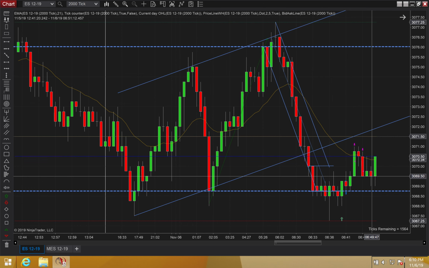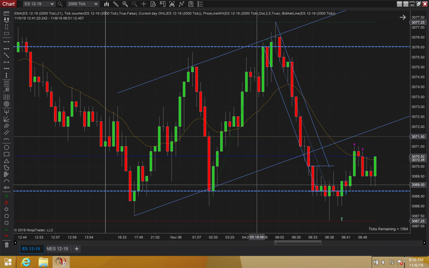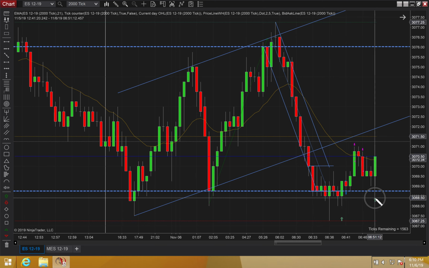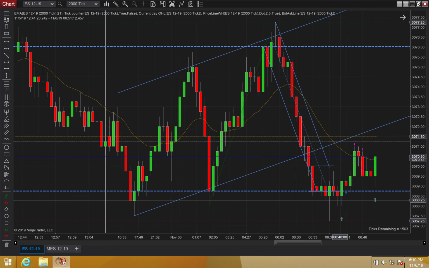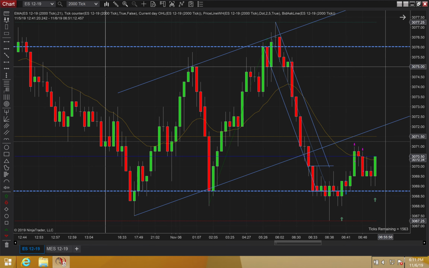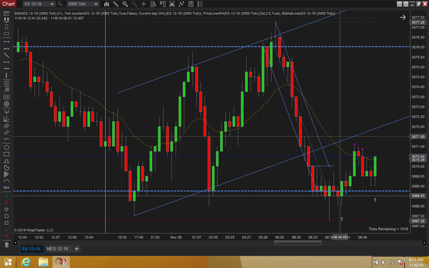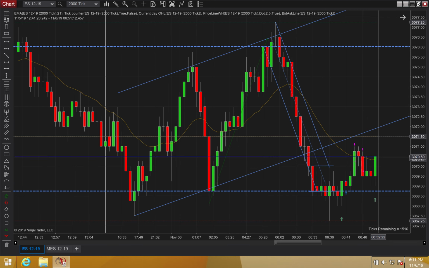So as it bounces, right here you get your failed second entry short trade. Remember what I was saying back here about how I'm still expecting it to pull back once before we start to take off. This is that pullback, and it's a repeat setup. So you see that?